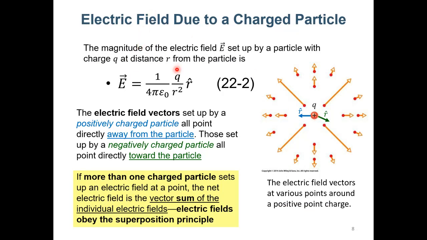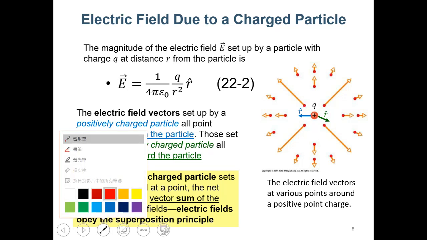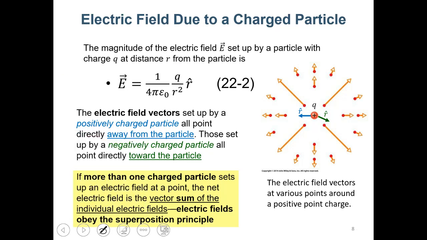So as we have the definition, E equals F over Q0. So F is K times Q1 Q2 over R squared.